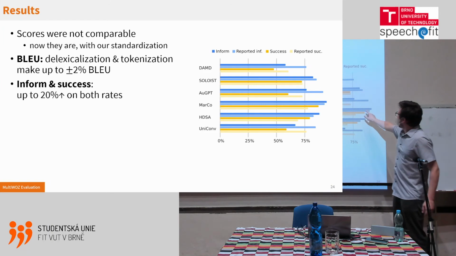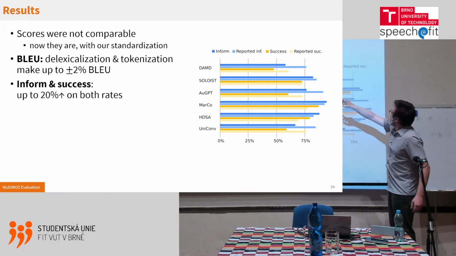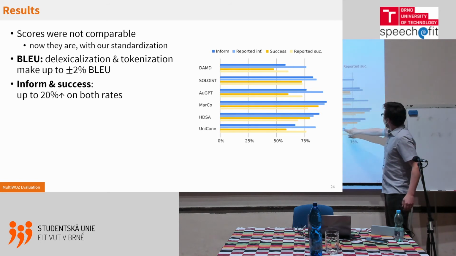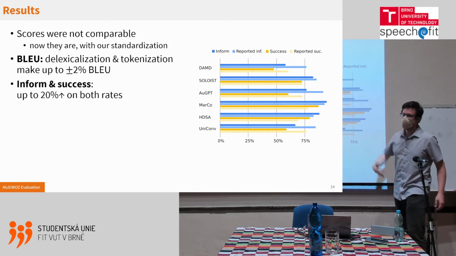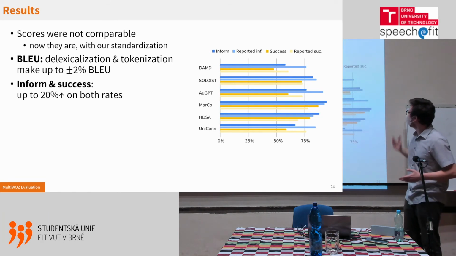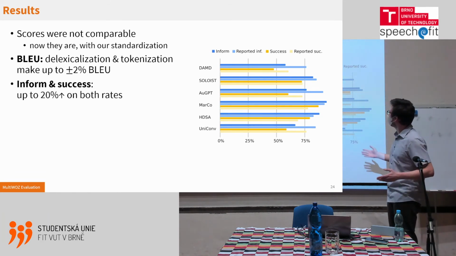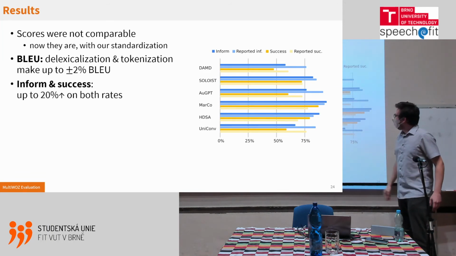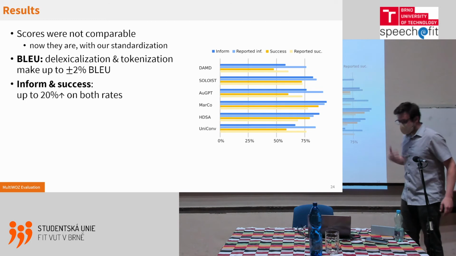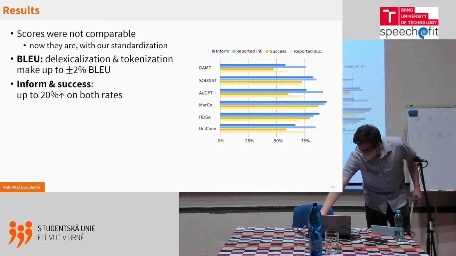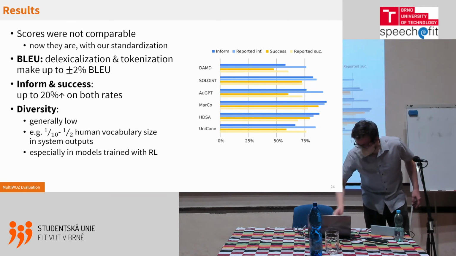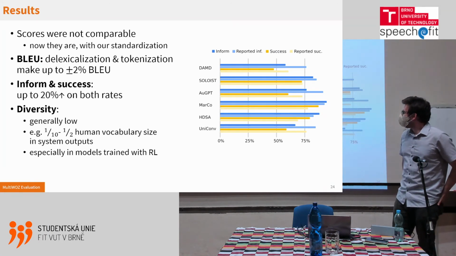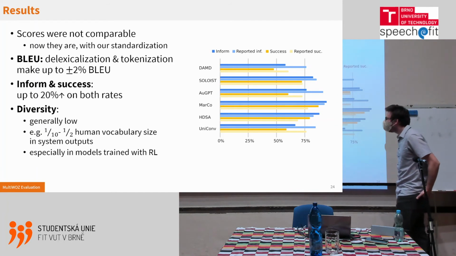You can typically see that the success rates reported in the papers are mostly higher than what you get when you do one script to compare all these systems. Some papers actually are hurting themselves, but mostly it's higher than a realistic value. And what we also found is that most of the systems don't care that much about diversity.